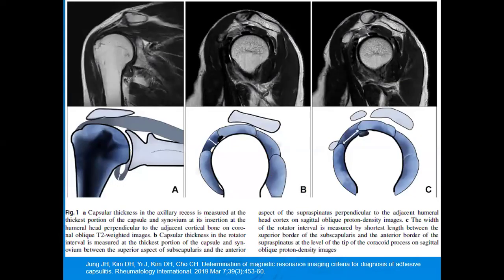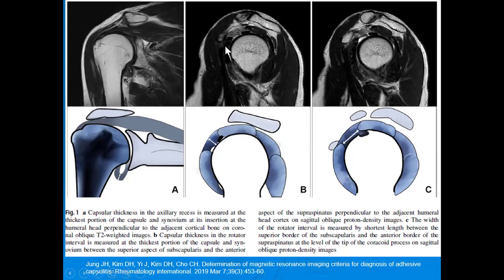So these are the three signs which we have to assess. This is the thickness of the axillary recess. We have to assess this area. We can see here, this is that thickness. If it is more than 4.5 millimeter, that will be considered a positive sign for adhesive capsulitis.